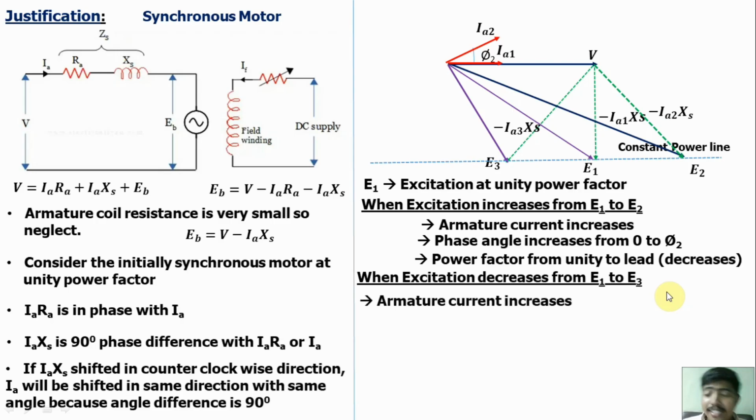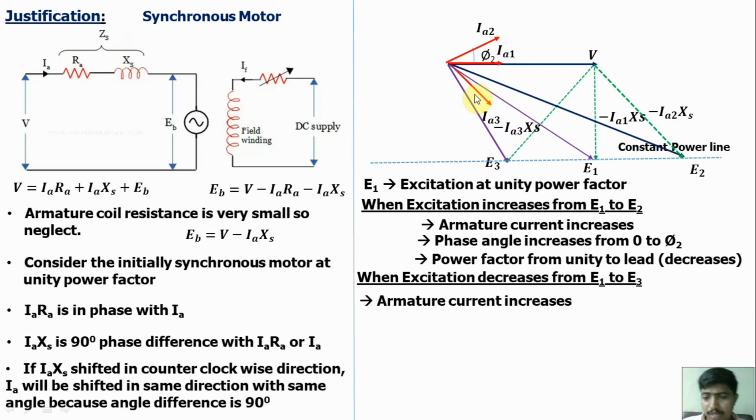Armature current increases. What will be the phase angle? Here Ia1Xs is shifted in the clockwise direction. Similarly, the armature current will be shifted in the clockwise direction, to maintain the 90-degree phase angle difference. From here to here, movement is in the clockwise direction.